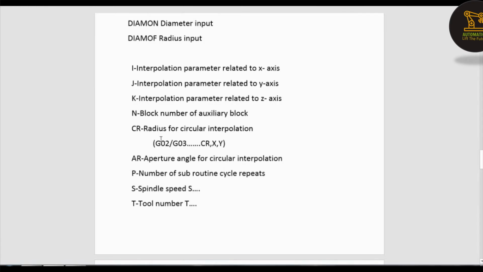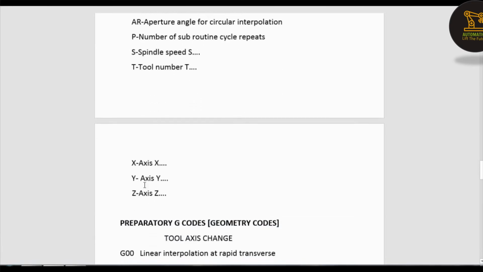It is used when G02 or G03 is given. AR, aperture angle for circular interpolation. P, number of subroutine cycle repeats. S, spindle speed: S100, S200 likewise. T, tool number. X in the x-axis, Y in the y-axis, and Z in the z-axis.